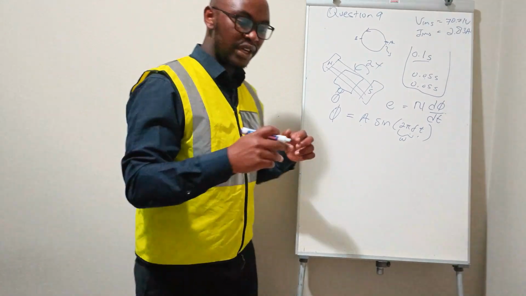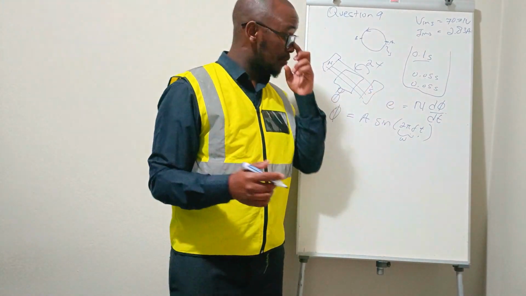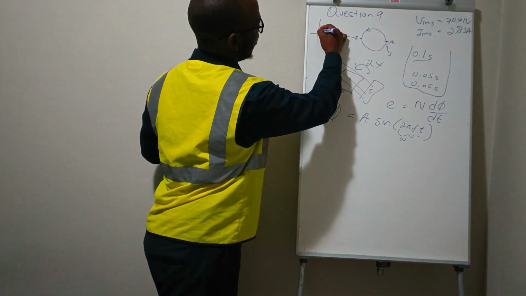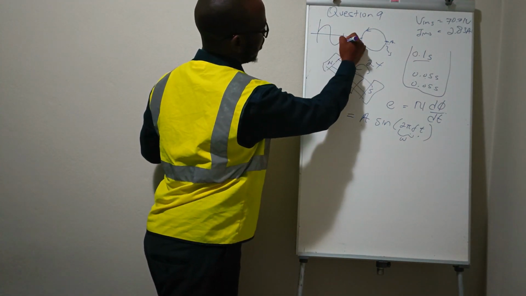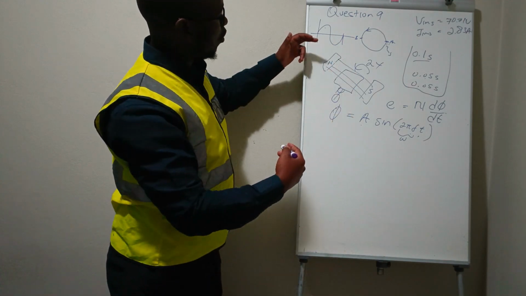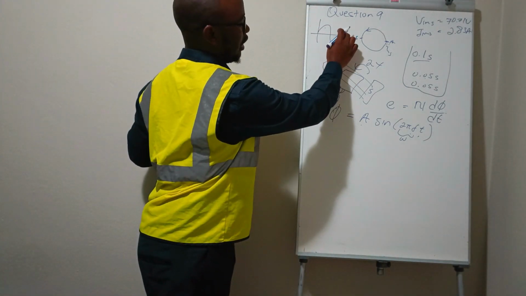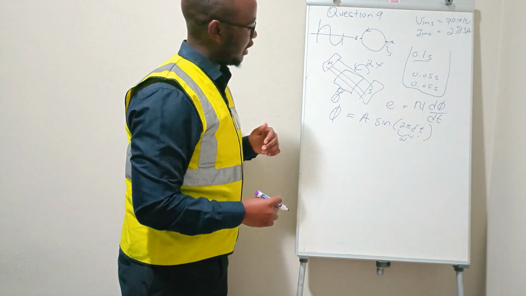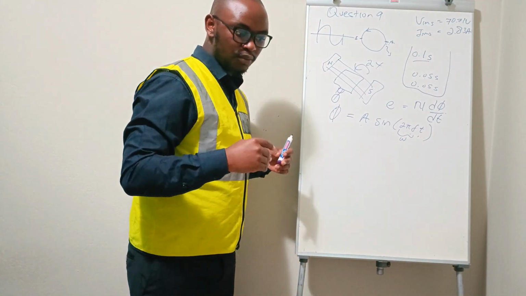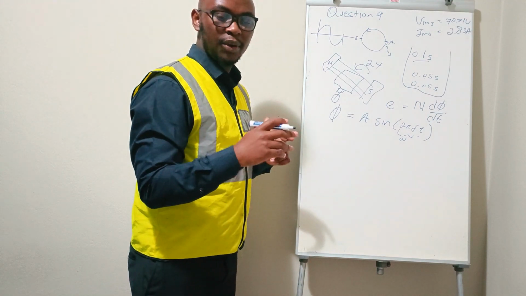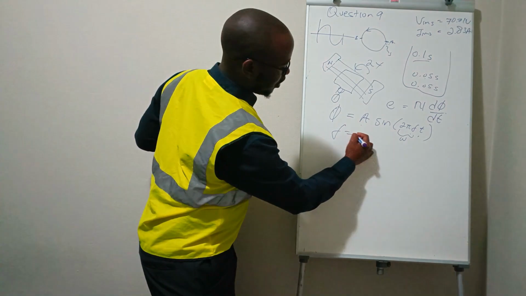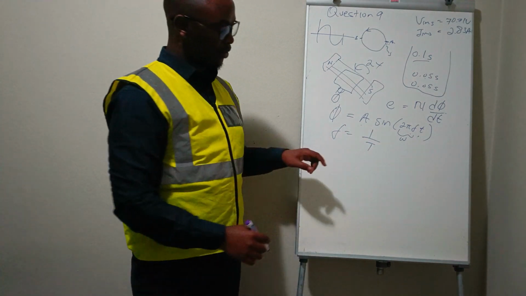If we're looking at a sine wave and the full period, it's the speed at which we get to a full cycle. So the frequency is equal to 1 over the period.